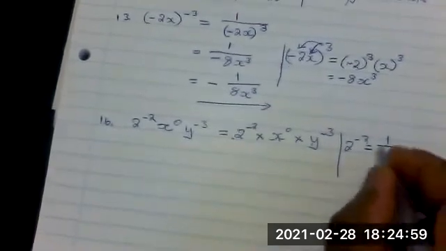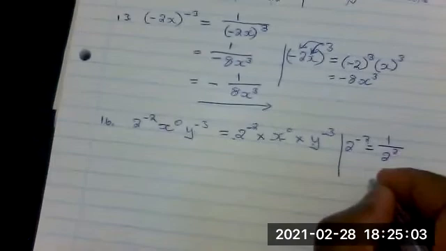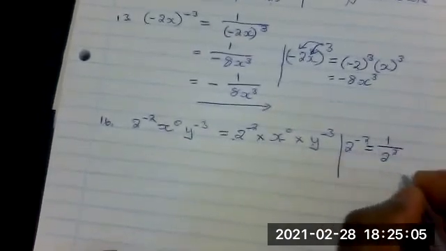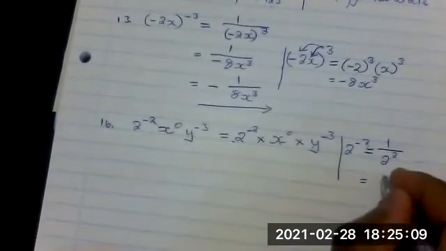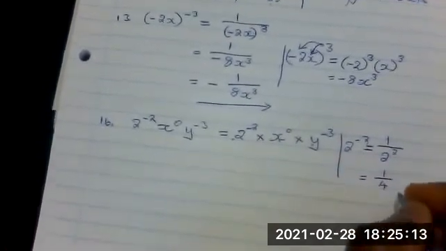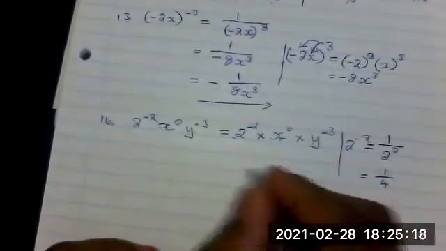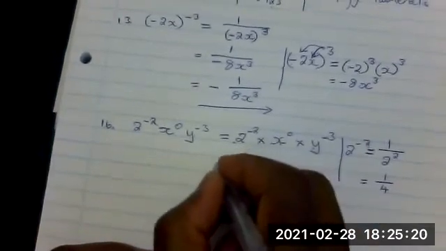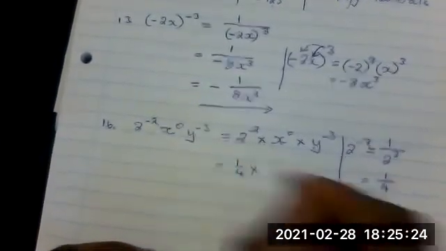Now, because the base is a numeral, then we can simplify it, right? So 2 squared is the same as 1 over 4, because 2 squared is 4, right? So it now means it's 1 over 4 times.